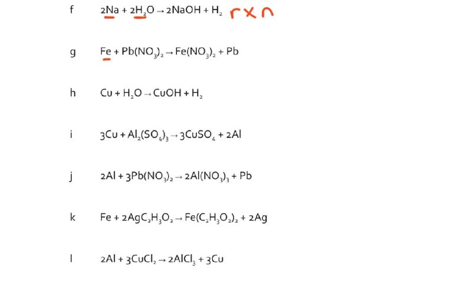G, iron would have to be above lead, and it is. H, copper would have to be above hydrogen. It is not, so no reaction. In I, copper would have to be above aluminum. It is not, so no reaction.